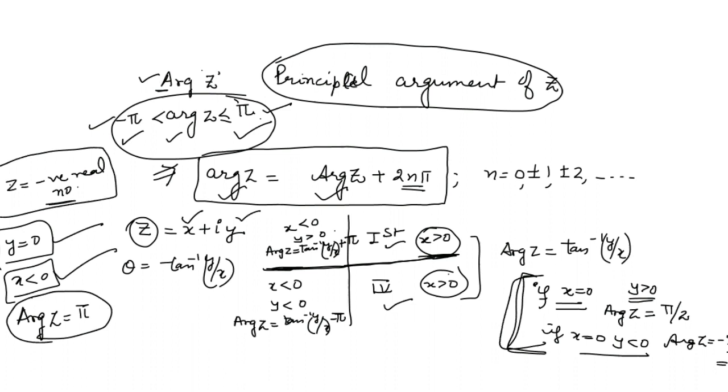So once again, let's see the properties of the principal argument. The first one is the relation between the argument and the principal argument: the argument of z is the principal argument of z plus 2nπ, where n is varying over 0, ±1, ±2, and so on.